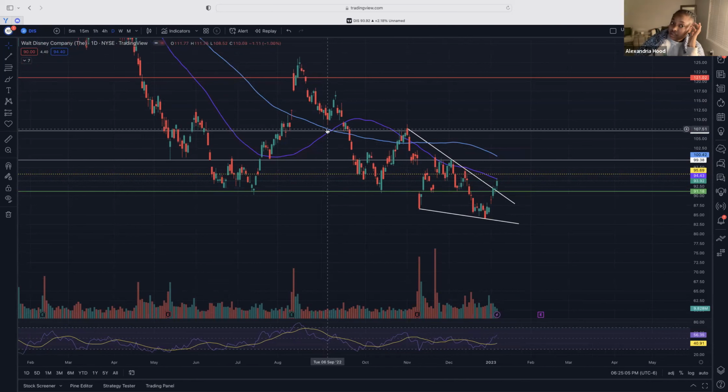The 50 is purple. When we see the 50 cross below the 100 right here, this is a death cross.